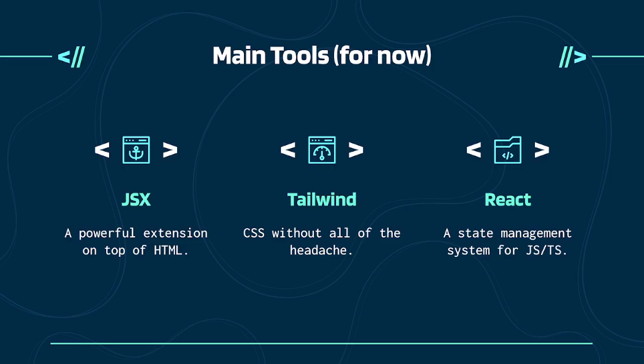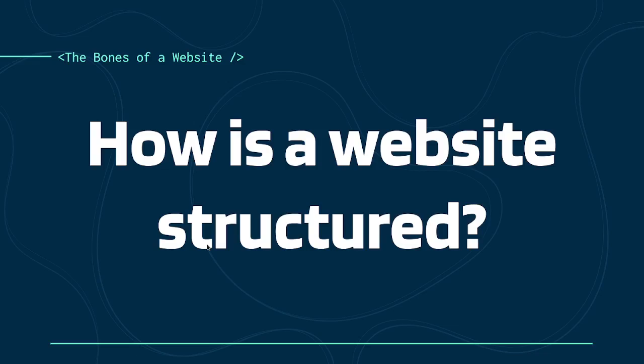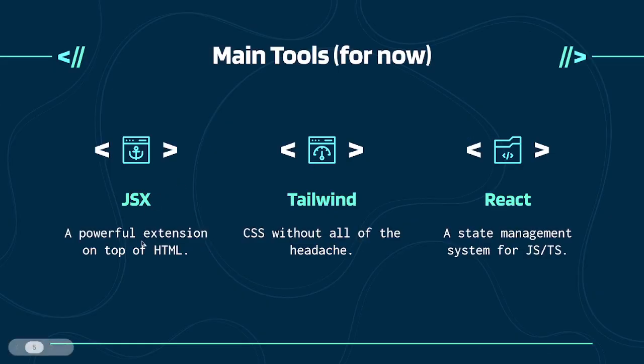That's great. But the main tools that I want to talk about from the modern perspective are JSX, Tailwind, and React. These are the 3 tools that you're really going to be reaching for a lot when you're working on any sort of front-end site. JSX is basically an extension on top of HTML. If you don't know what that is, don't worry, I go over it. Same thing with Tailwind.